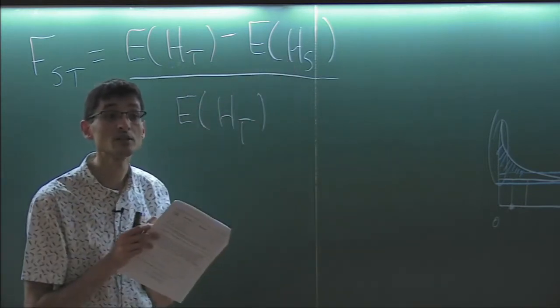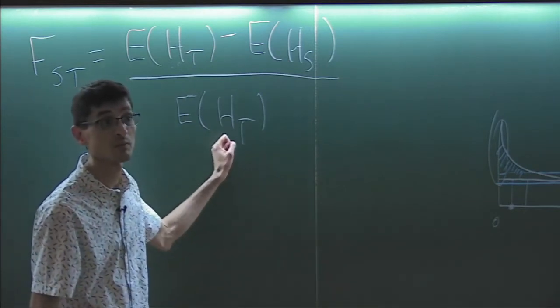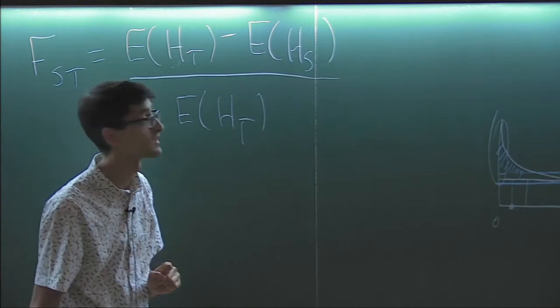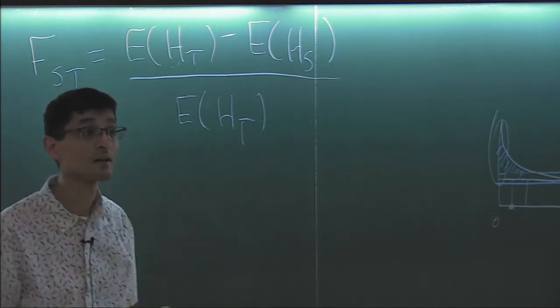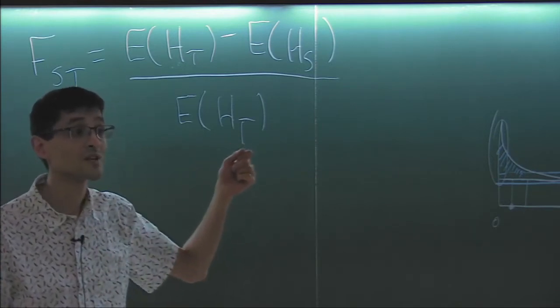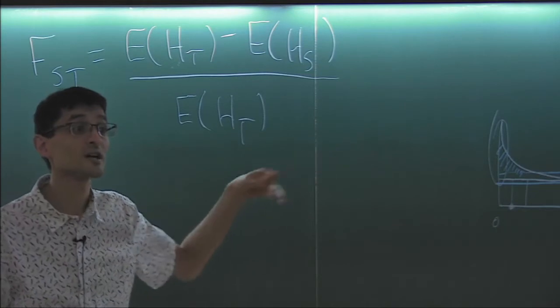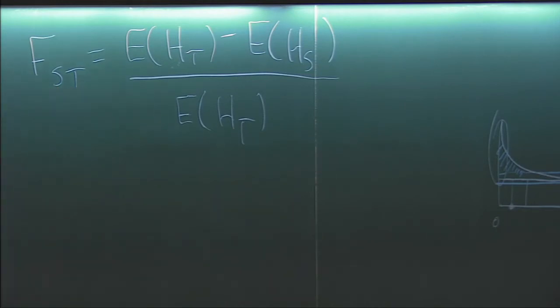So the chance that two alleles within a subpopulation would be different, and then standardized by the total heterozygosity. More formally, you can show that it reflects the amount of variance in allele frequency across subpopulations. It's worth knowing that's also what it represents.